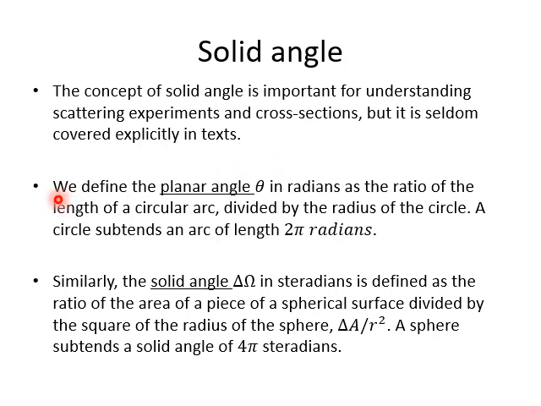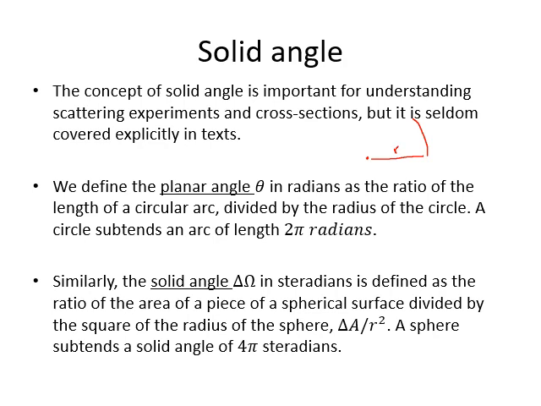Here's an analogy. We define what we'll call the planar angle theta in radians as a ratio of the length of a circular arc. All right, I'm going to make a drawing now of a circular arc. So I've got a center of curvature here, and I'm going to make an arc out here at a distance r from the origin.